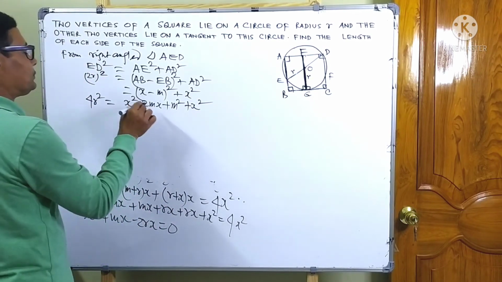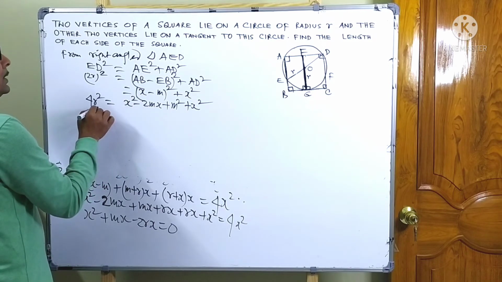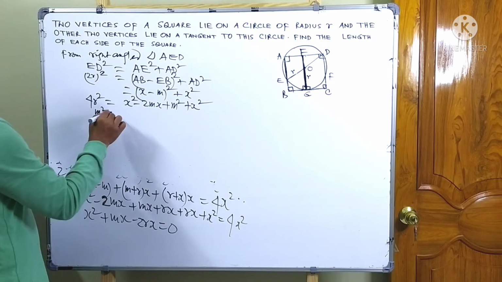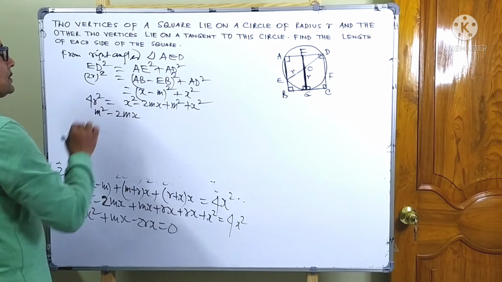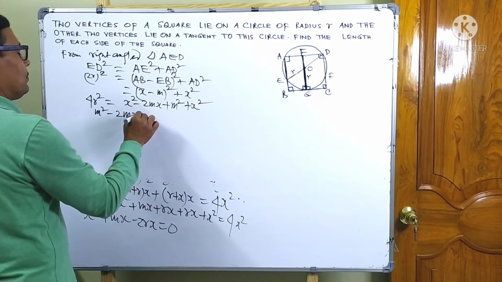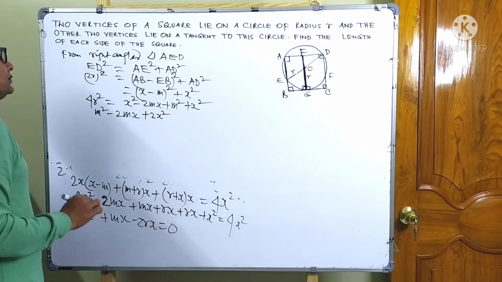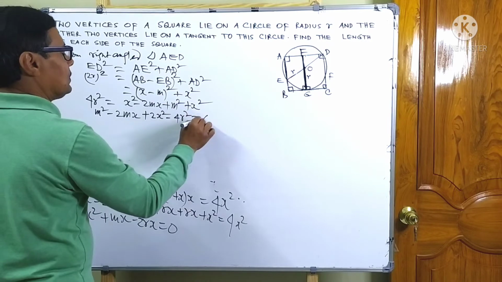So, we can write m square minus 2mx plus 2x square minus 4r square is equal to 0.